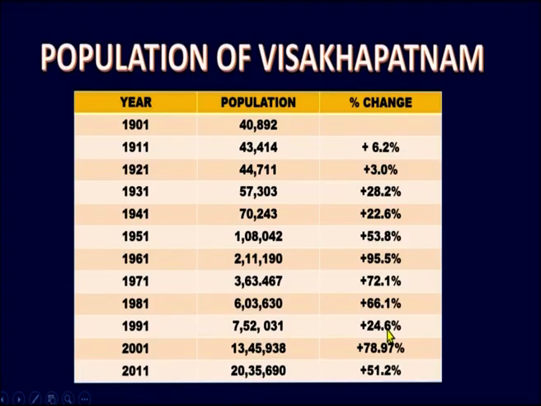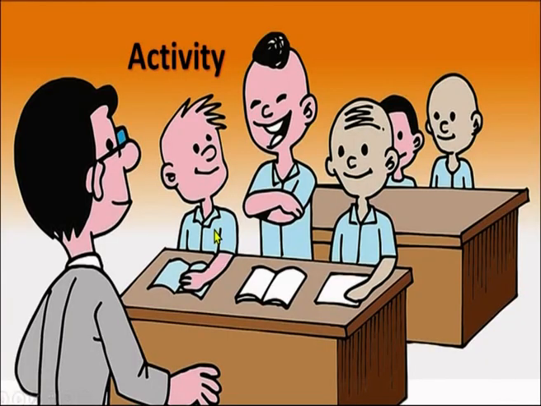So what is the increase in the percentage? Plus 78.97%. Then finally 2011, it has increased to 20,35,690. So percentage increase here is plus 51.2%. So based on this table, I want you to do this activity.